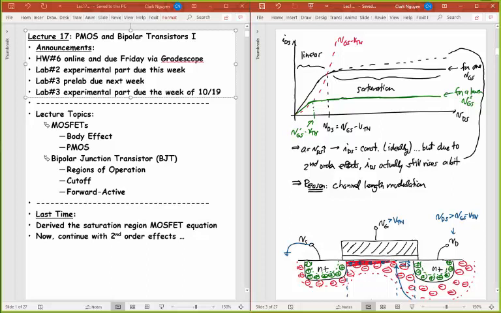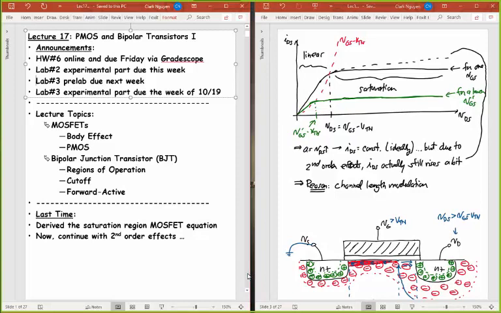I have no mobile charge here, but the charge could still flow across here. Right? And so now effectively, the length between my high voltage and low voltage here becomes smaller, which means that my channel length gets smaller. What I'm integrating across gets smaller, which means that my current goes up. And that's something we saw then in deriving this equation.